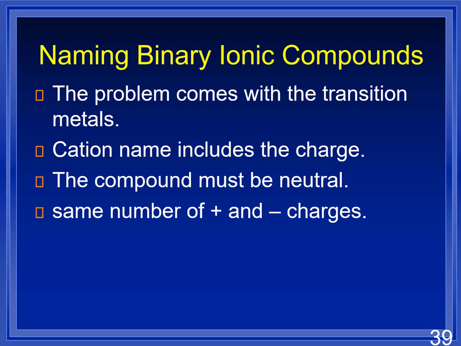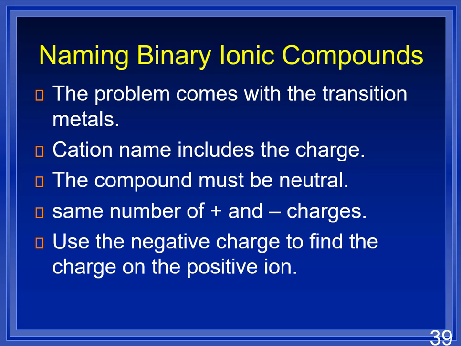So if I give you a formula and it starts off with iron, you need to figure out the charge on iron. Well, the key is that the formula adds up to 0. And I always know the negative charge. Never had any problems with the negative charges. It's just positive charges we sometimes have to figure out, right? So I use the negative charge to figure out what the positive charge has to be.